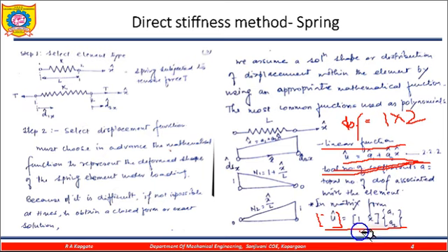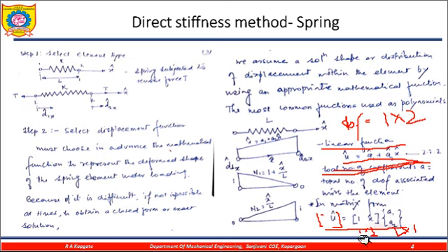Since this is a 1 by 2 matrix and this one is a 2 by 1 matrix, if I multiply these two, I get a 1 by 1 matrix. A 1 by 1 matrix means one row and one column, so only one term comes into the picture.